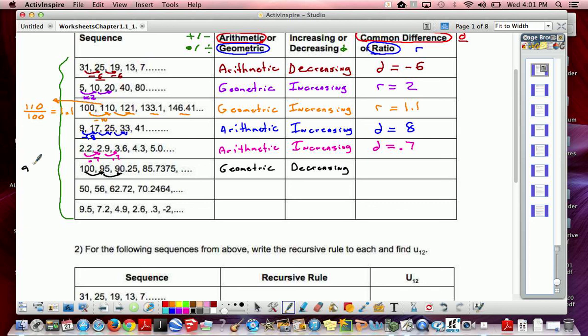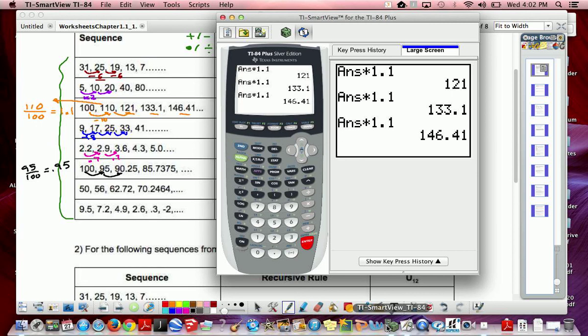So now if I go 95 divided by 100, that actually gives me the decimal 0.95. So I'm a person who likes to check just to make sure things are looking pretty good. So if I go 95 and divide it by 100, I get 0.95. That's my common ratio. That's my R value.